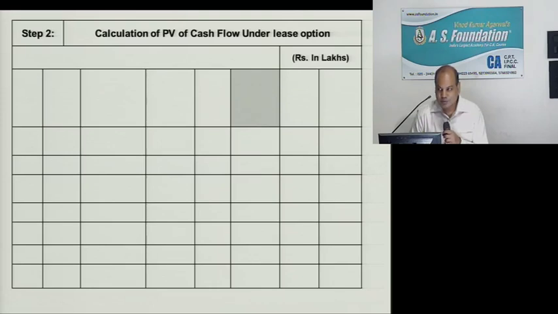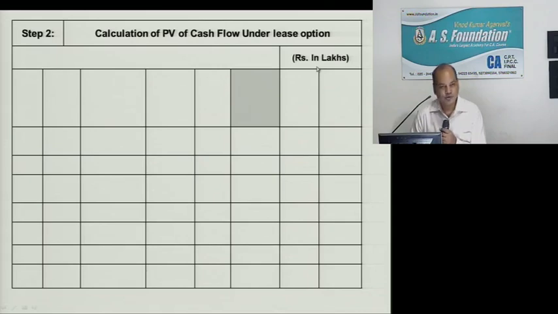Step 2. Calculation of PV of cash flow under leasing option. Sir, why did you make such a big chart? You will see. Calculation of PV of cash flow under lease option, on the right hand side, rupees in lakhs. So visualize what columns we are going to write.